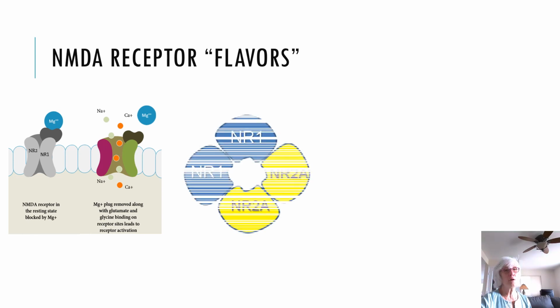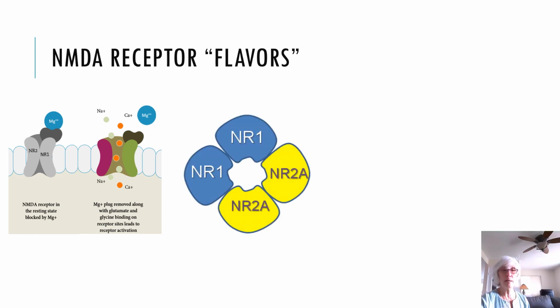There are 2 of one type of subunit, we're going to call it NMDA receptor 1 subunit or NR1 subunit, and those are identified in blue. And then we also have 2 of another type of subunit, these NMDA receptor 2 subunits or NR2 subunits. So 2 NR1s, 2 NR2s make up our NMDA receptor.